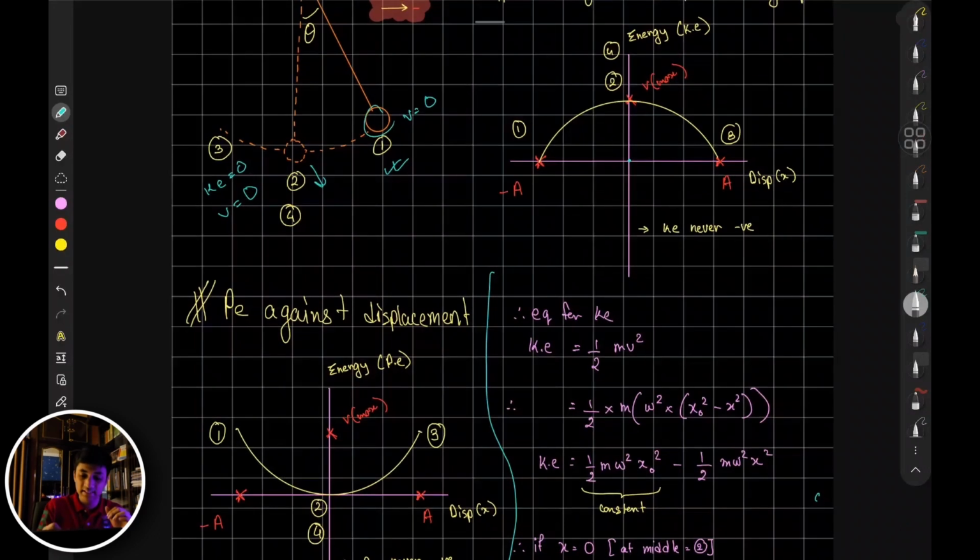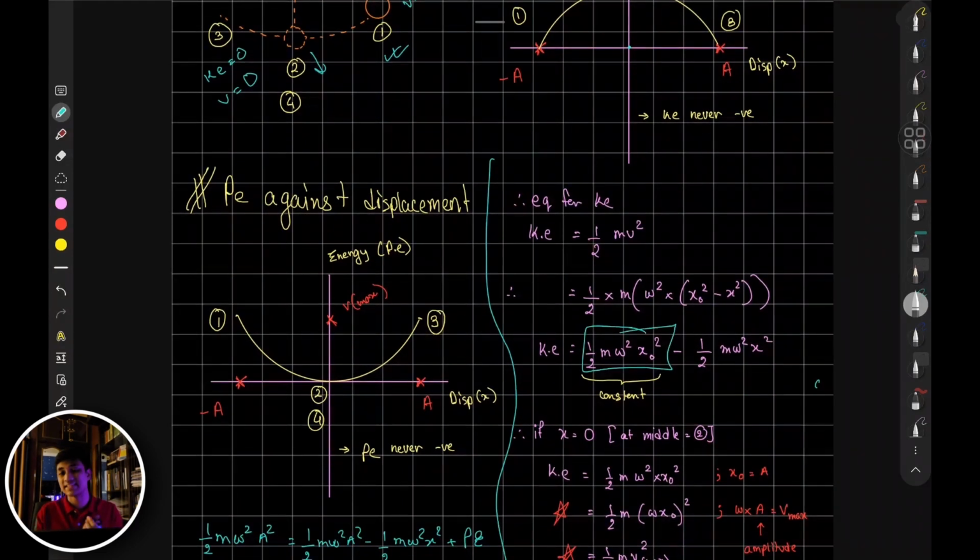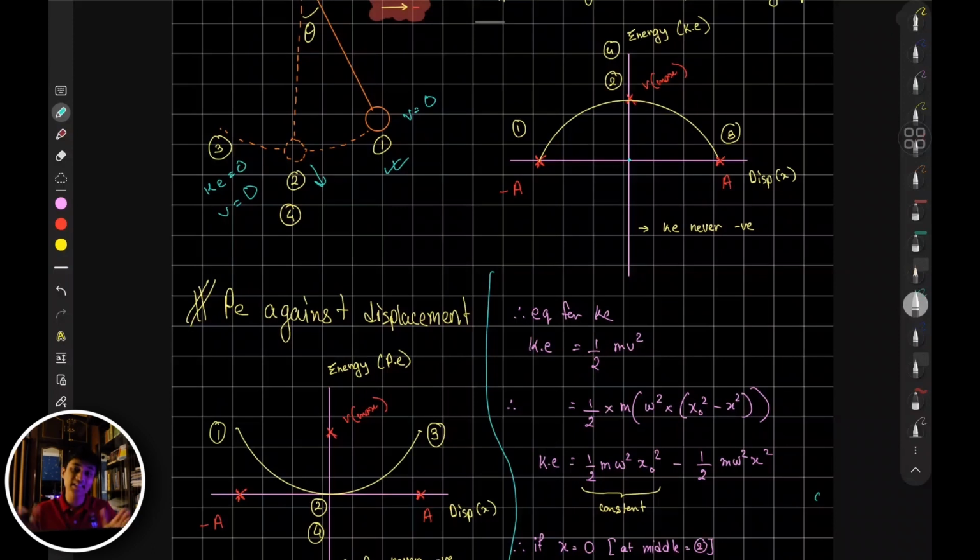Over here, let's say it has an energy of 2 joules. Over here, it's going to have an energy of 2 joules. Over here, it's going to have an energy of 2 joules as well. And you can find that total energy just by this. If you know the amplitude and omega, you can find the total energy, which is constant throughout. The kinetic energy may change, the potential energy may change, but the total energy stays constant.